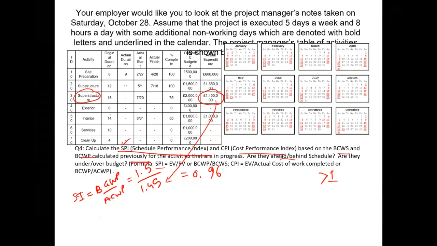And the cost index we will calculate for superstructure using the formula which is given here. It is earned value divided by actual cost of work performed.